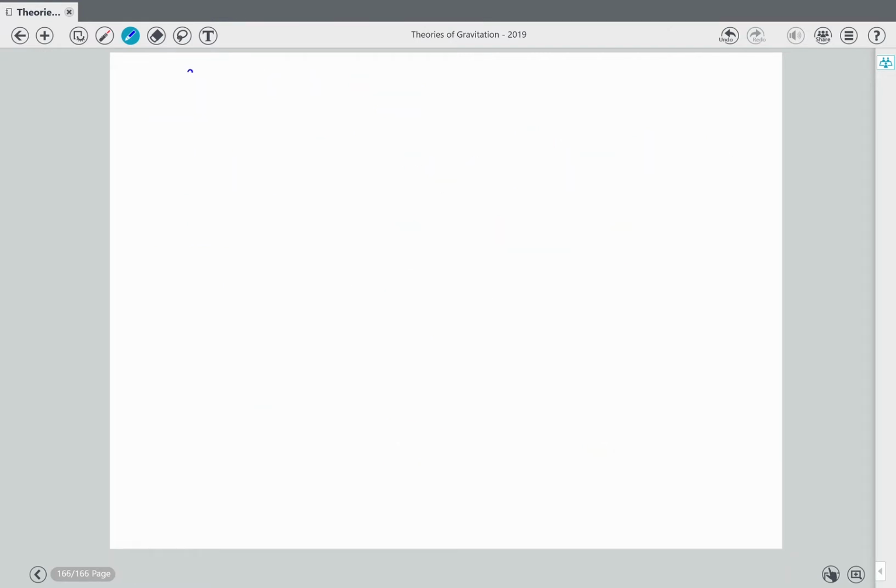Let's write them down. Square root of minus g R mu nu rho sigma R mu nu alpha beta, or R mu nu rho sigma R mu alpha nu beta.